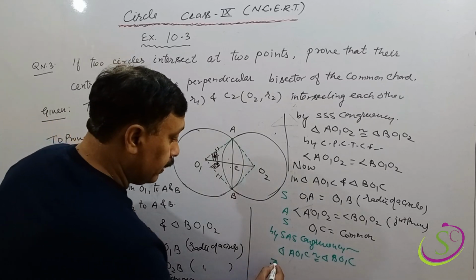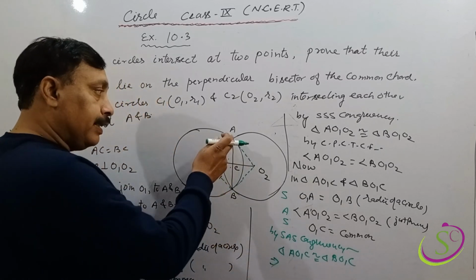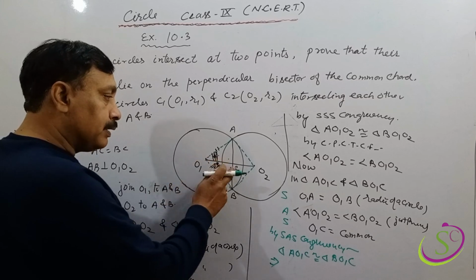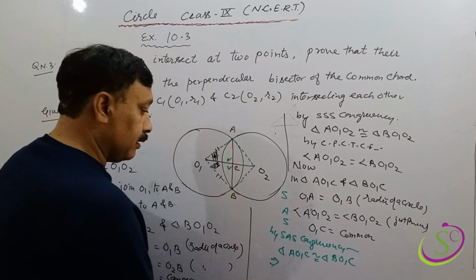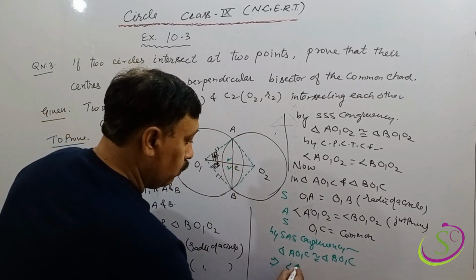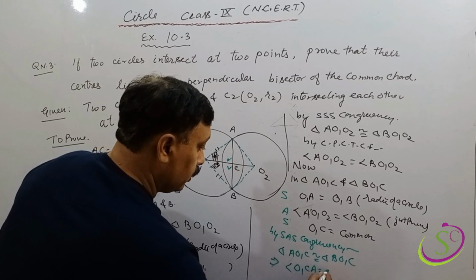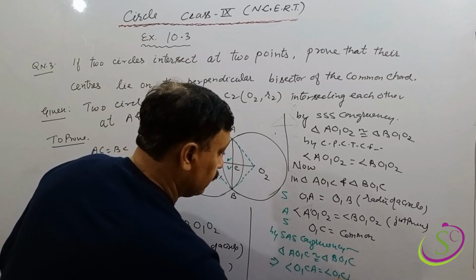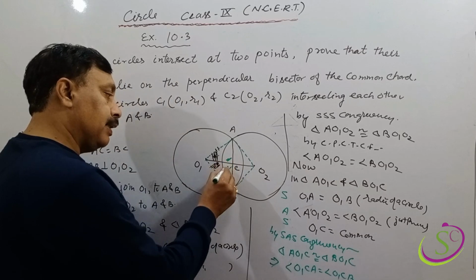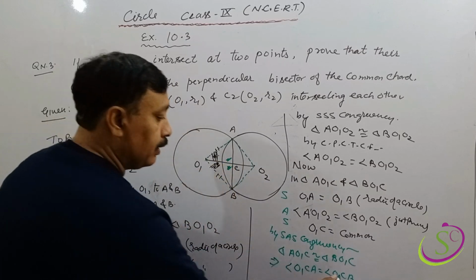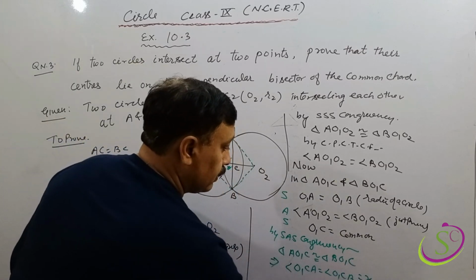So by CPCT, angle O1CA, this angle, equals angle O1CB, this angle, both are equal and equal to x.